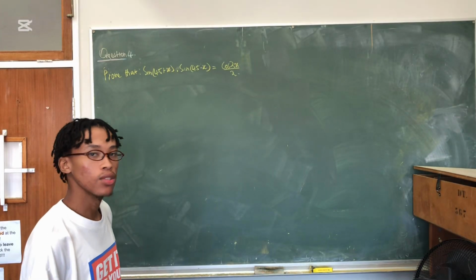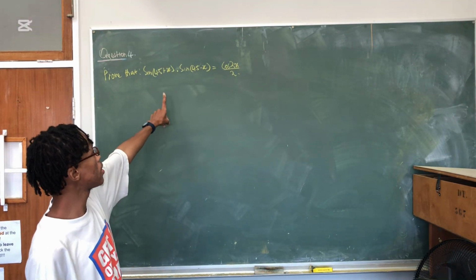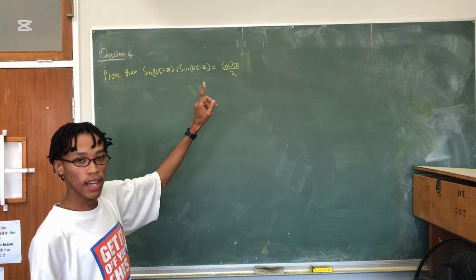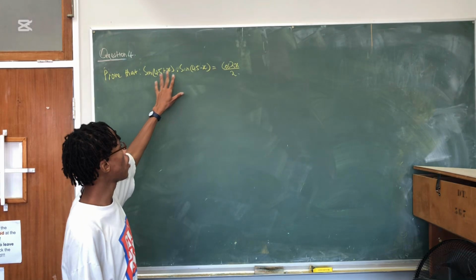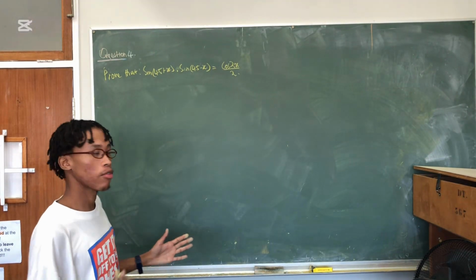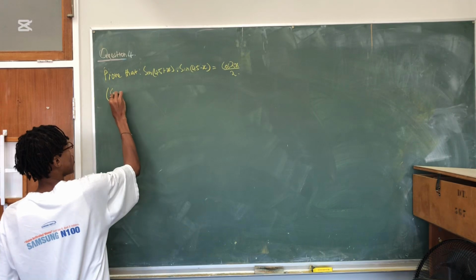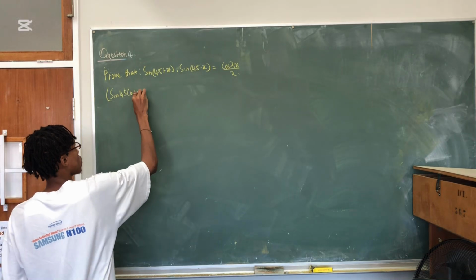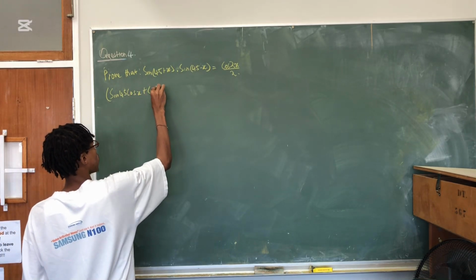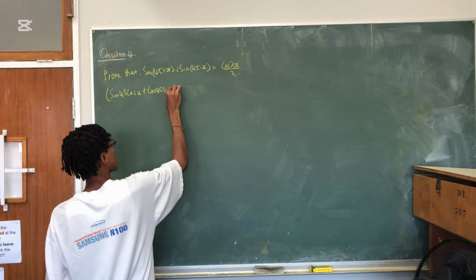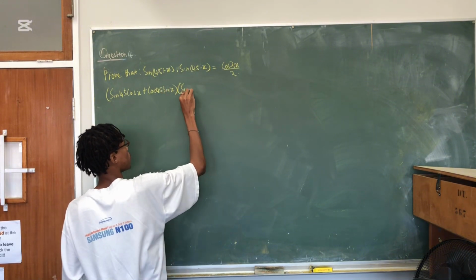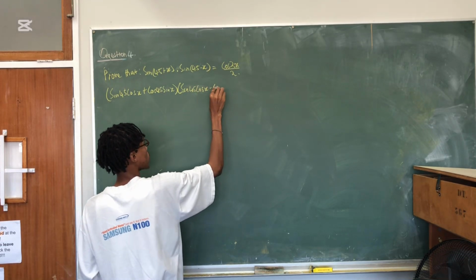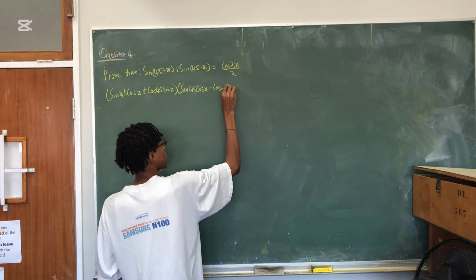In this question, we need to prove that sine of 45 plus x multiplied by sine of 45 minus x is equal to cos 2x over 2. These two are identities, so we're going to expand them first. Sine 45 cos x plus cos 45 sine x, multiplied by sine 45 cos x minus cos 45 sine x.